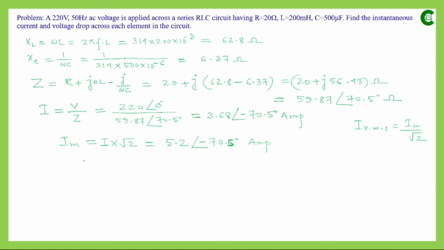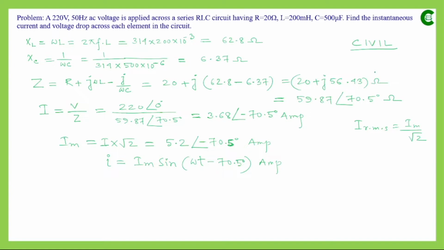Now we can easily express the instantaneous current, that will be Im sin(ωt minus 70.5 degrees), and this will be ampere. In the expression of current we can see the phase angle is negative, so with respect to that voltage, which we took as reference, the current has a lagging phase angle.